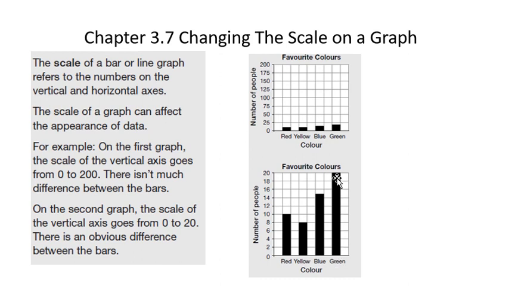We can see that green is substantially taller than yellow. So way more people had their favorite color as green compared to yellow. And that's very difficult to see on the original graph right here. The difference in the length of the bars is obvious right there.